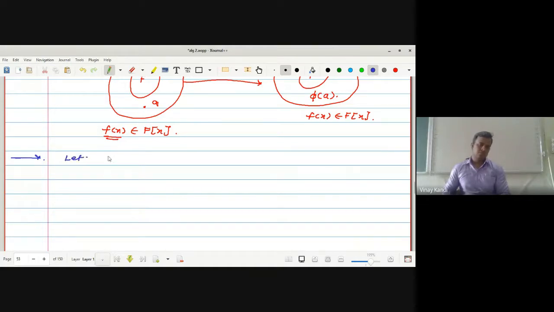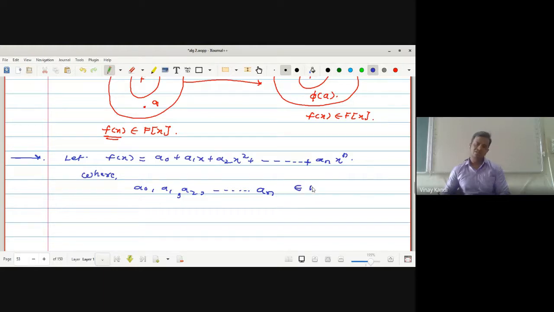Let this one be f of x, the polynomial a naught plus a1x plus a2x square and so on up to an x raised to n, where a naught, a1, a2 up to an, all the coefficients, belong to capital F. Why? Because f of x belongs to capital F of x.